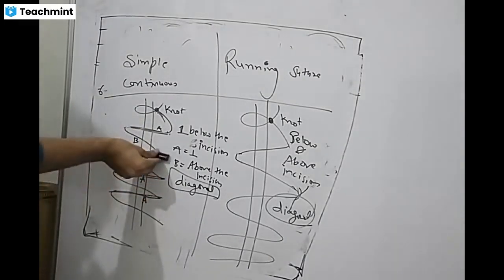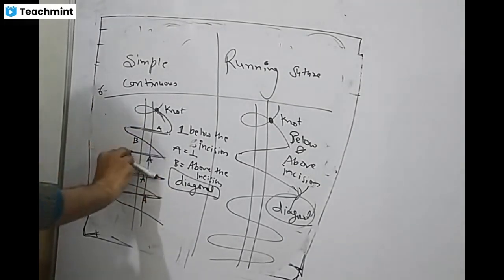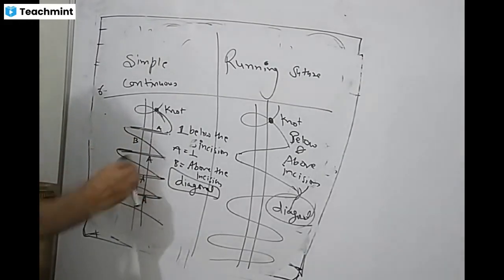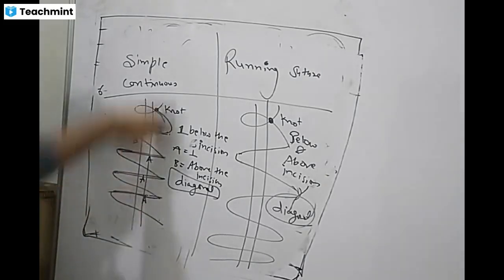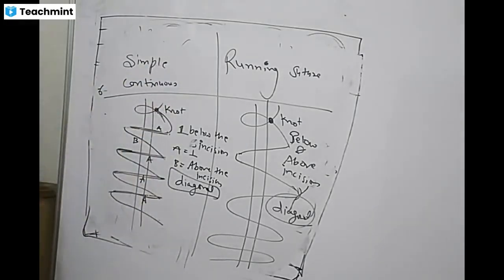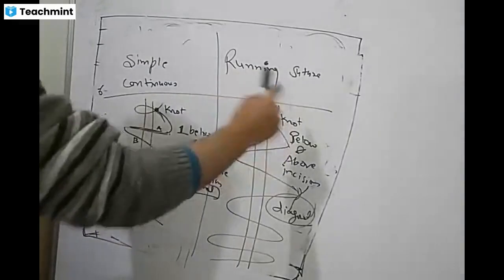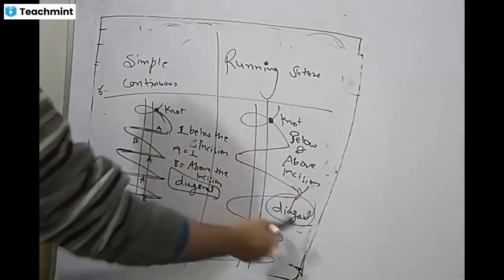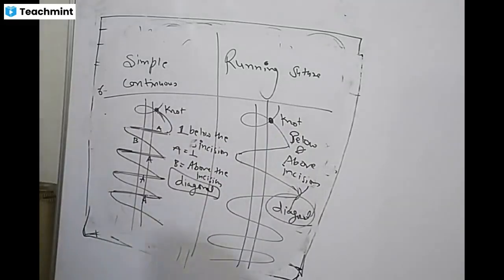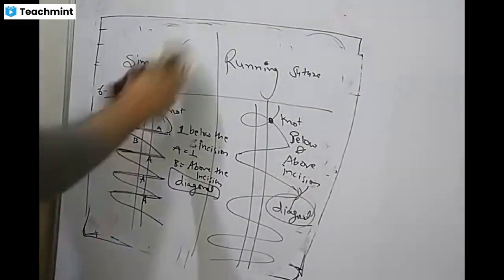Then again below the incision perpendicular, diagonal above the incision. This is the pattern simple continuous. In running suture, both below and above the incision, it is diagonal. So these are two simple continuous patterns.